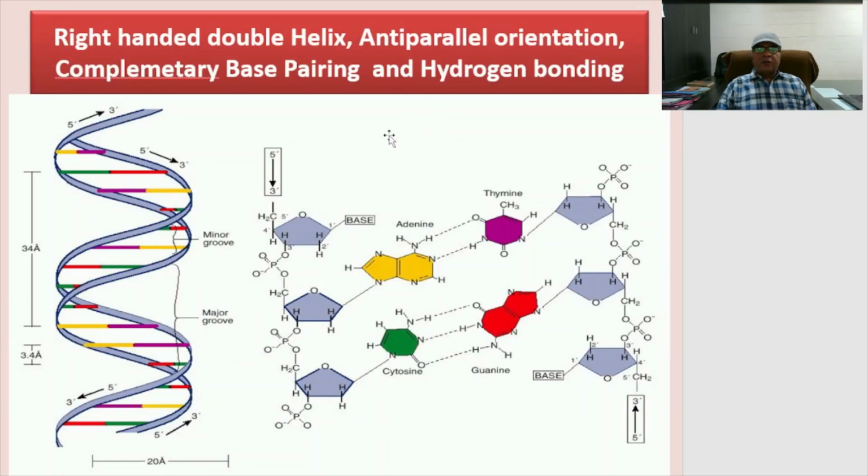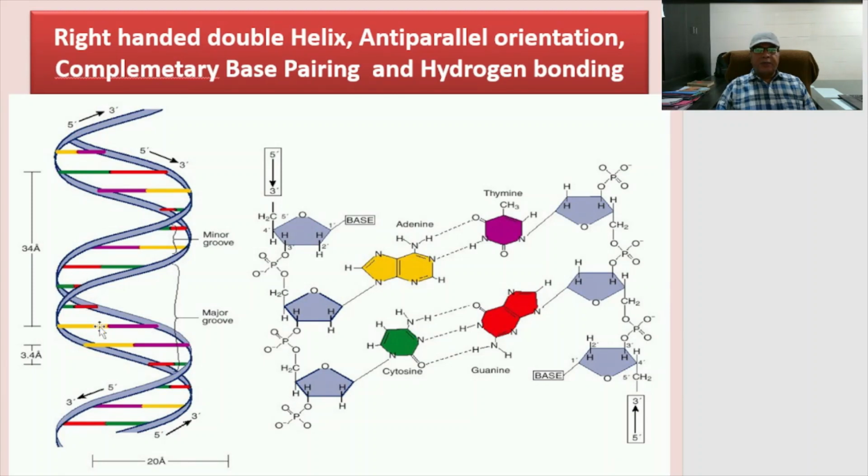According to the 3D model suggested by Watson and Crick, DNA is a double helical structure, and it is a right-handed helix. Due to the specific turns, it forms major grooves as well as minor grooves during the helix. Moreover, in both the strands, the sugar phosphate backbones remain outside and the nitrogenous bases remain inside.